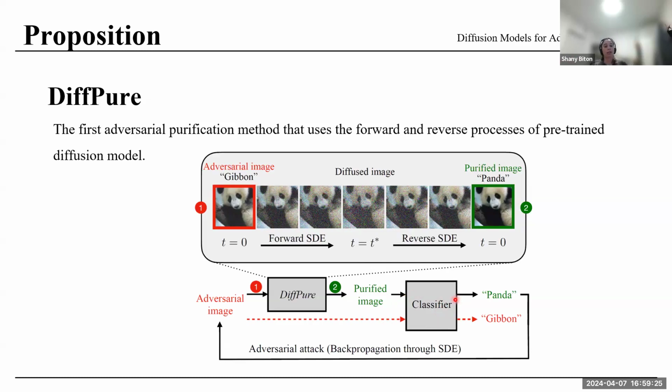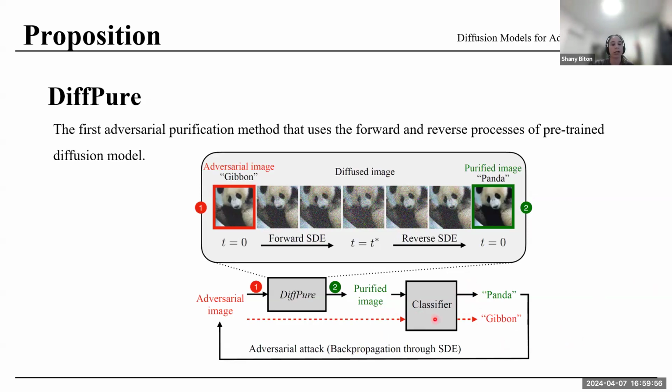And hopefully it will be correctly classified, depending on the classifier performance. But this model that they propose has a strong limitation. As I said, adaptive attacks generally need to compute full gradients of the model in order to iterate over it and create strong adaptive attacks. And the way to do so in this model is to backpropagate through the SDE.